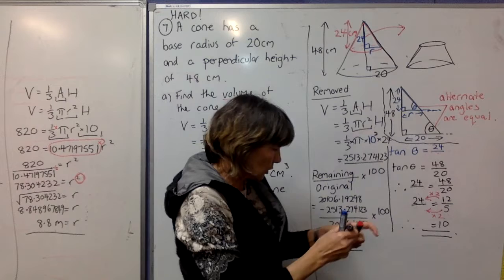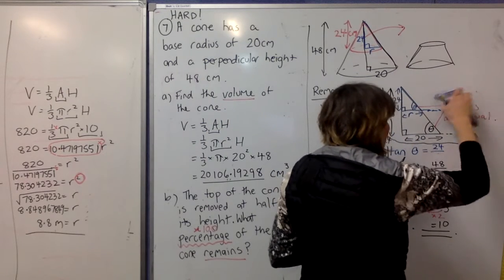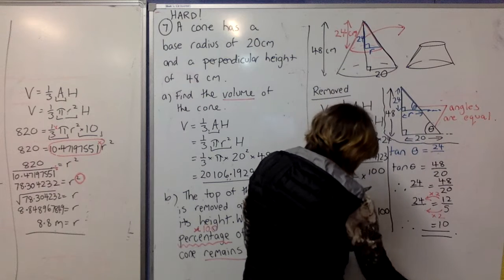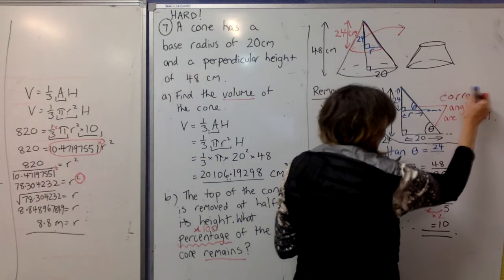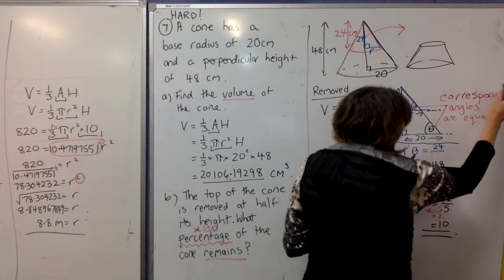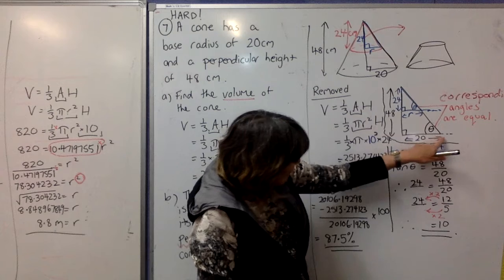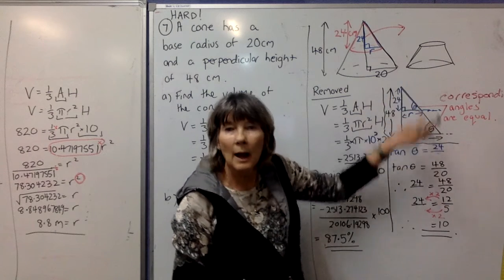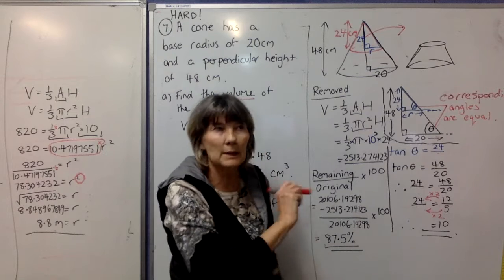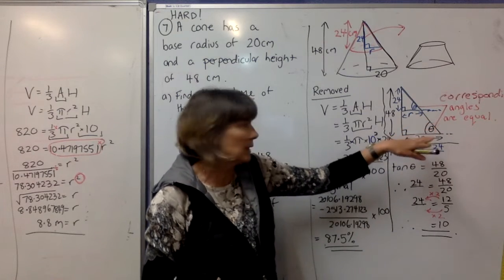Now, I said alternate. They're not alternate, are they? What kind of angles are they? They're corresponding angles. They're forming an F. Okay, so you can see the F shape here. If we go around that angle and around that angle and join it in the middle, you've got an upside down, back to front F. Okay, that's corresponding angles when they form the F shape.